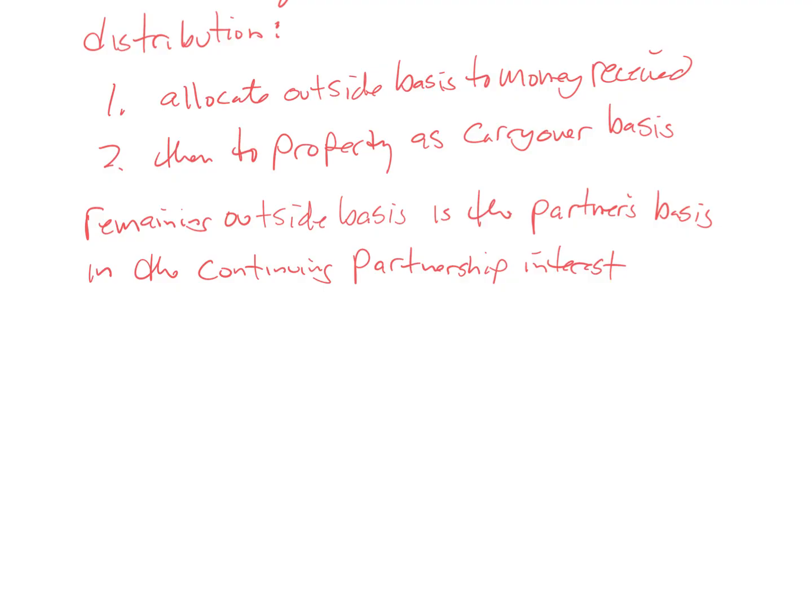Now, it could happen that the partnership distributes property other than money with basis that exceeds your outside basis. Okay? In that situation, then your remaining outside basis is reduced to 0.